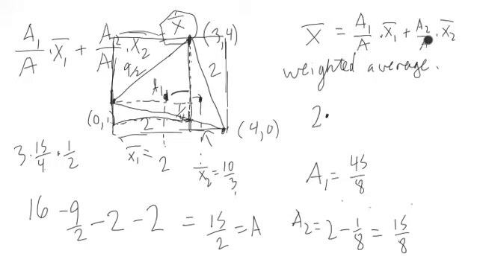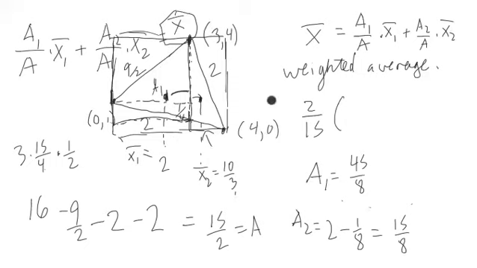In this calculation, we could actually factor out the 1 over A if we wanted to. So 1 over A would be 2 over 15. Take a reciprocal, so factor that out. And then we're just left with A1 times x1 bar, plus A2 times x2 bar.